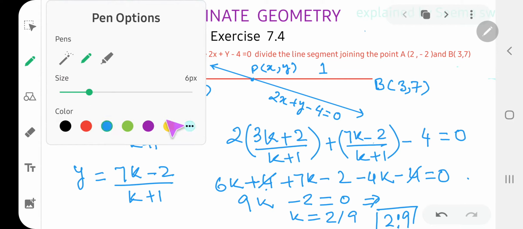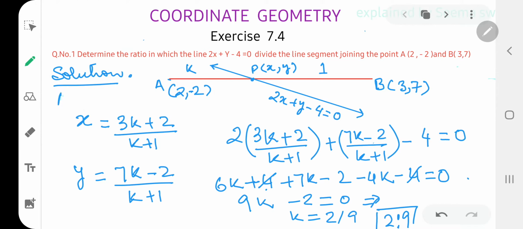We are getting it by the section formula. So this is the value of x and y that we have got by the section formula.